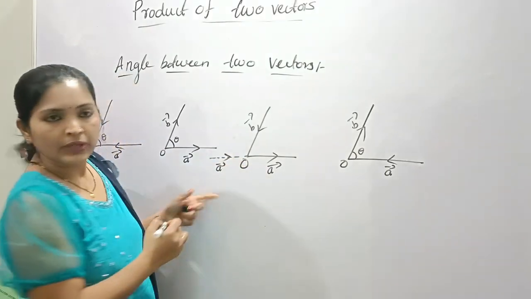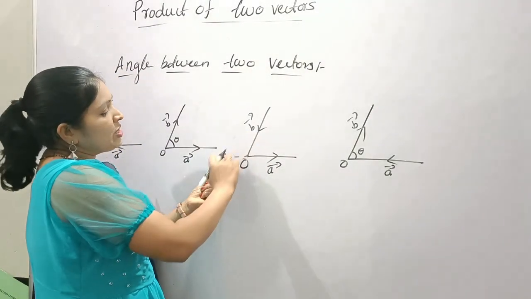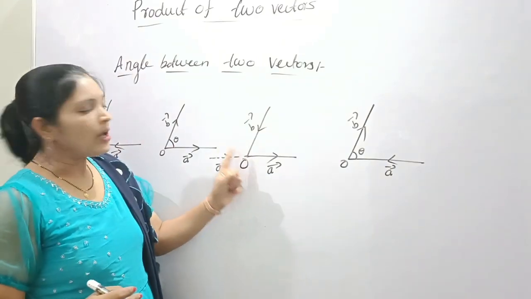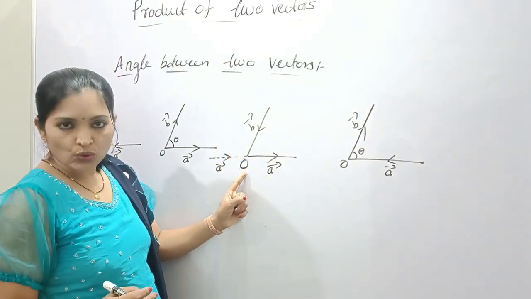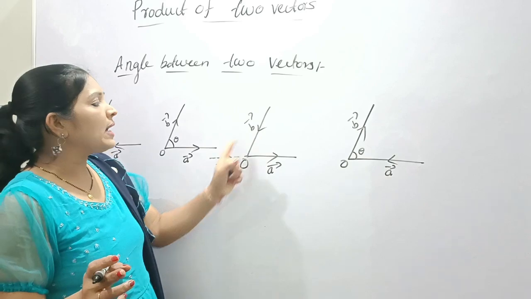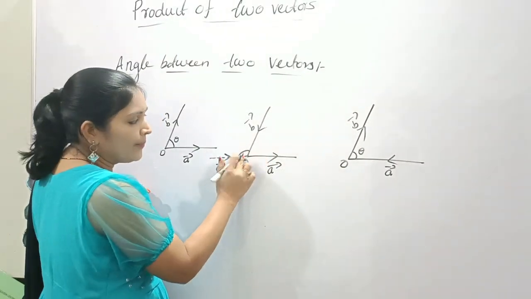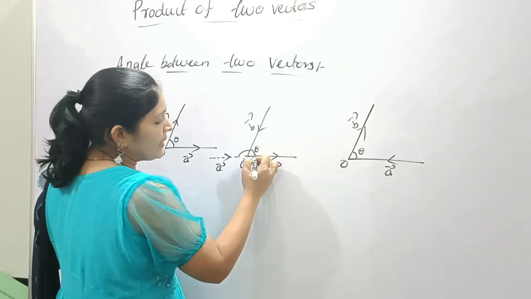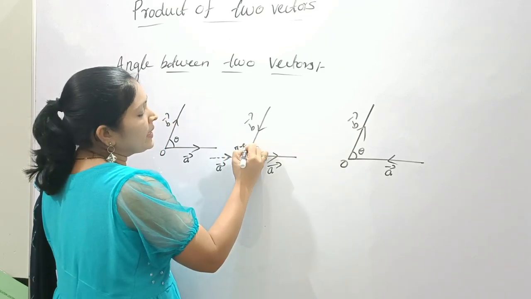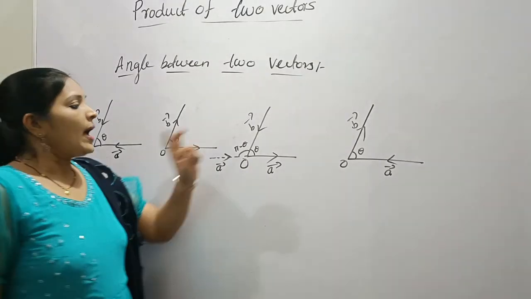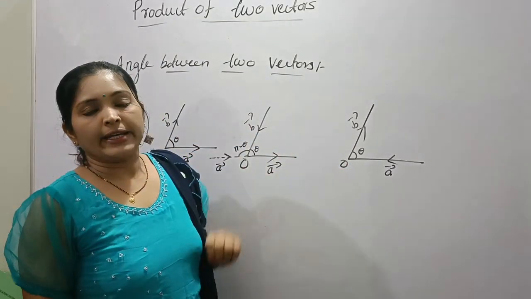It's also vector A. Now see, vector A and vector B converge to O. Therefore, here the angle between vector A and vector B is this angle. What is this angle? It is theta. Therefore, it is pi minus theta. Okay? Pi minus theta.